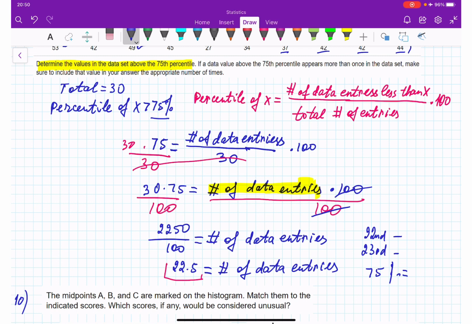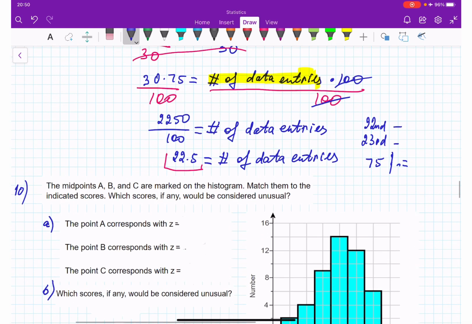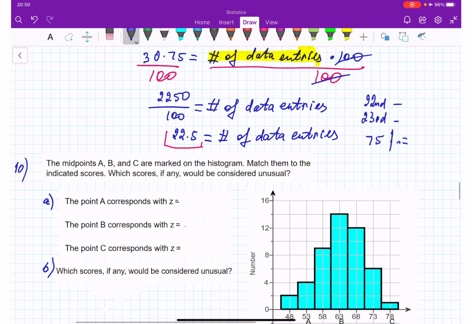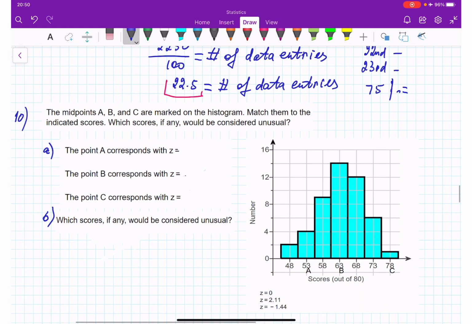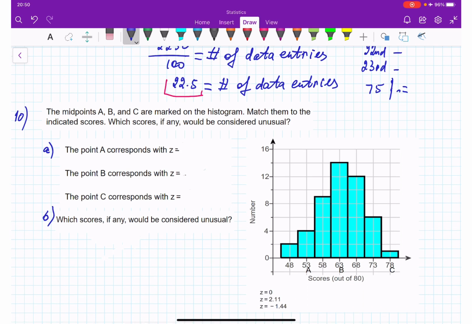Question number 10. If you have questions regarding this, contact me, please. Question number 10. The midpoints A, B, and C are marked on the histogram. Match them to the indicated scores. Which score, if any, would be considered unusual?